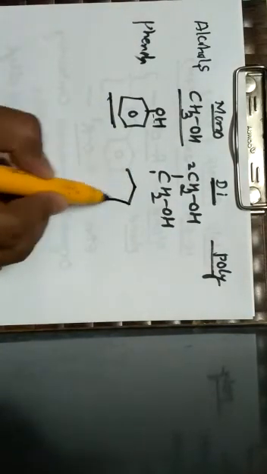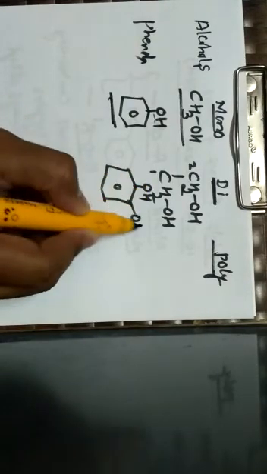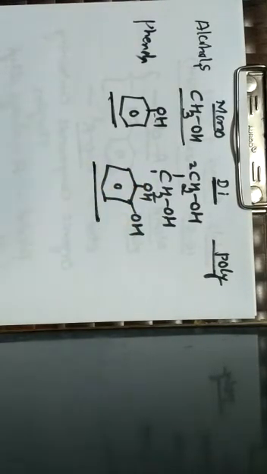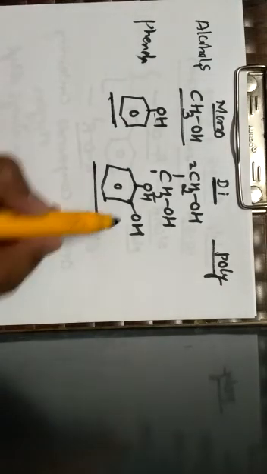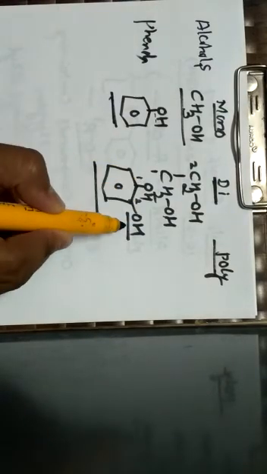Suppose I want to write a phenol which has two OH groups. Here two OH groups are present, hence I can call it a dihydric phenol, or else I can also call it 2-hydroxyphenol, because at the second position there is one more OH.